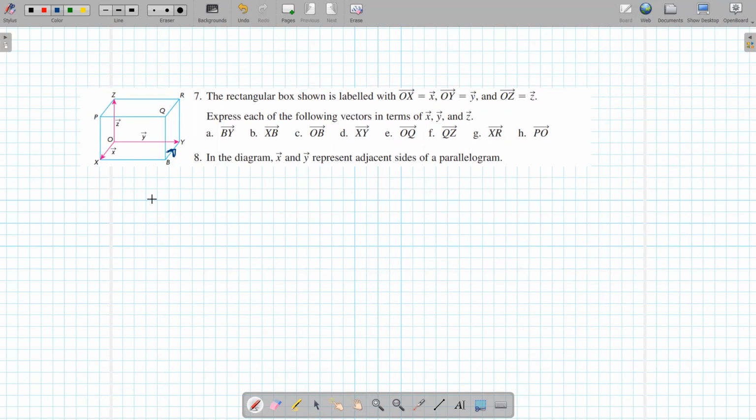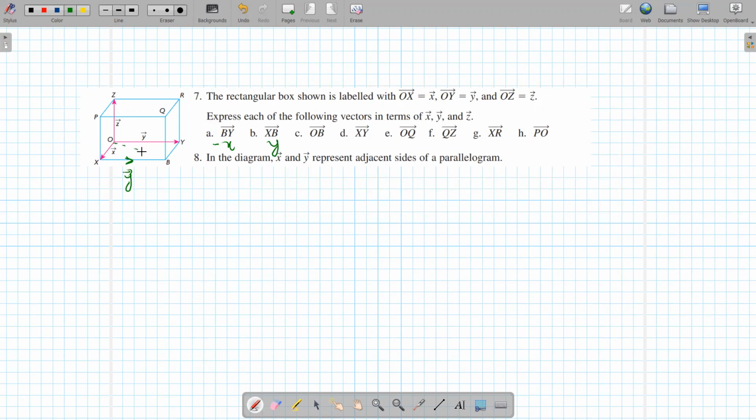It's Z. BY is most certainly not Z. BY is this, right? Z is going up. This would be Z. BY is equivalent, in magnitude, to negative X. Yeah, negative X. XB is this guy here. It's Y.